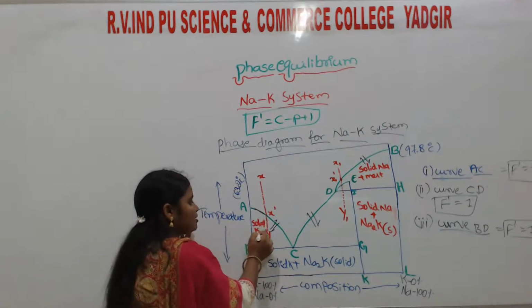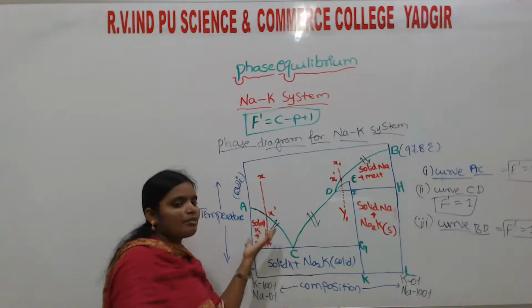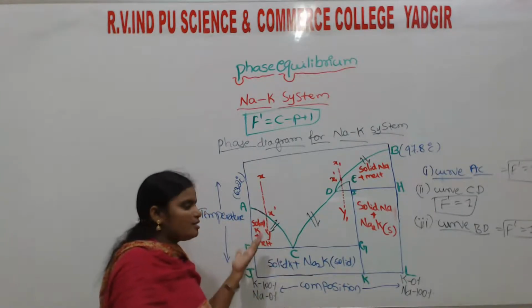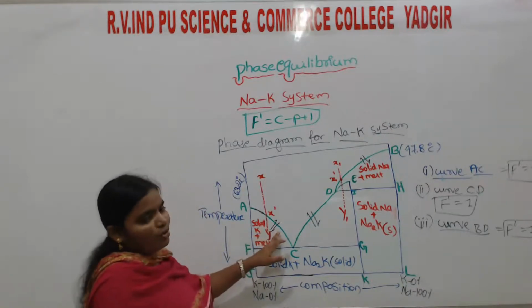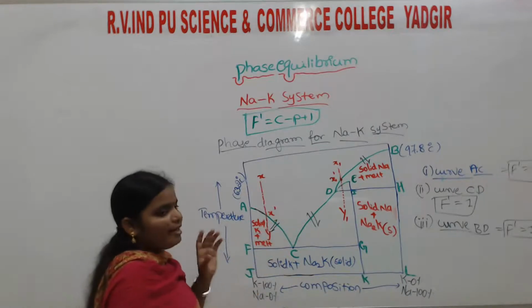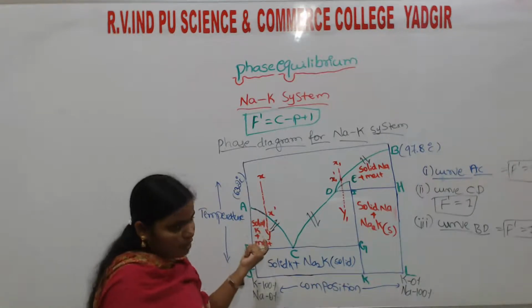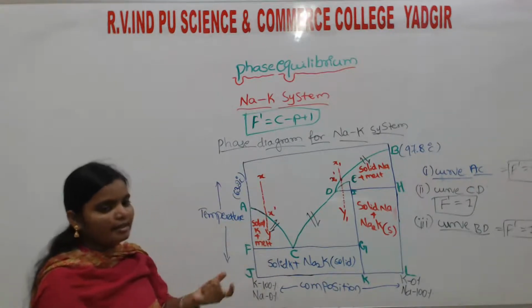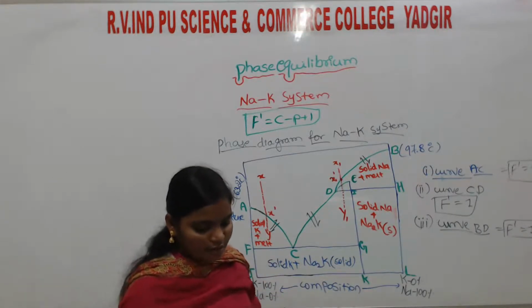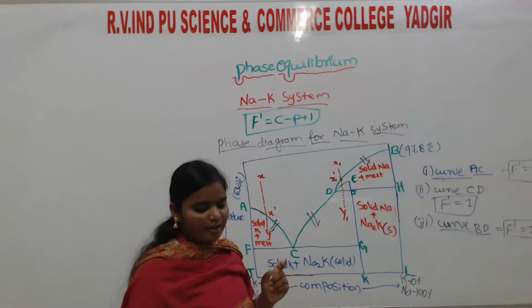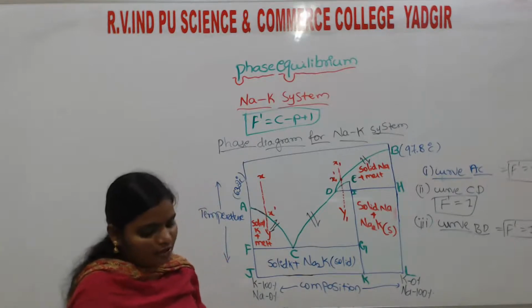The solid potassium decreases and sodium increases, so the sodium content of the melt increases. This means the composition changes along the curve x dash c.